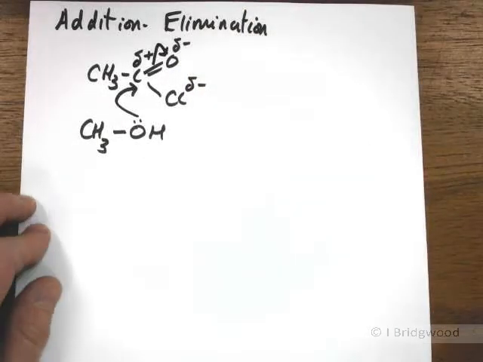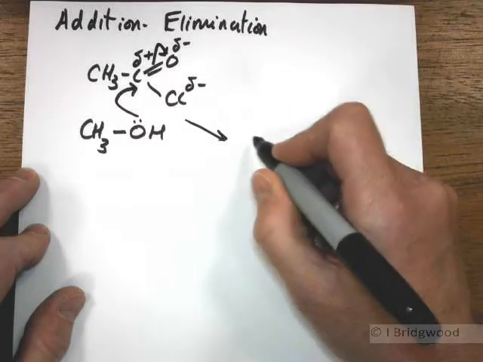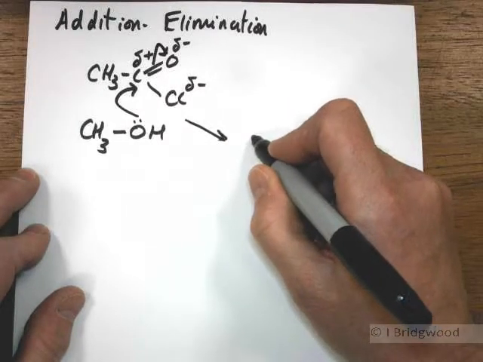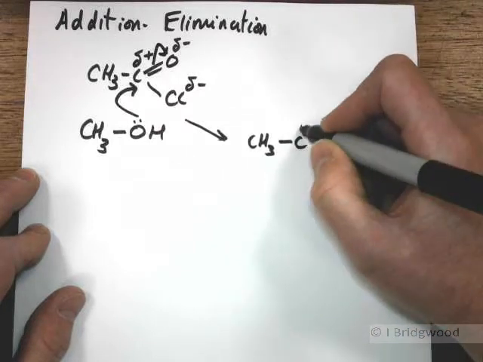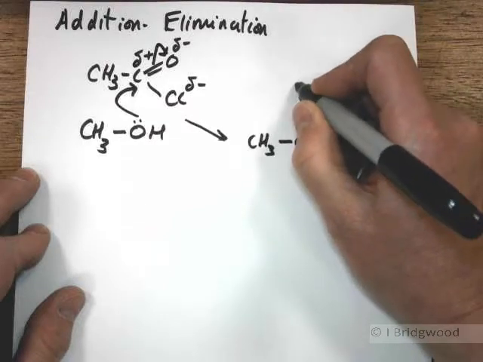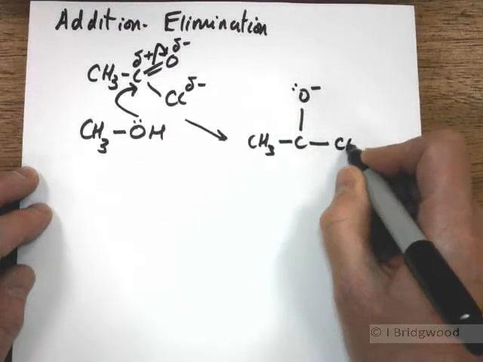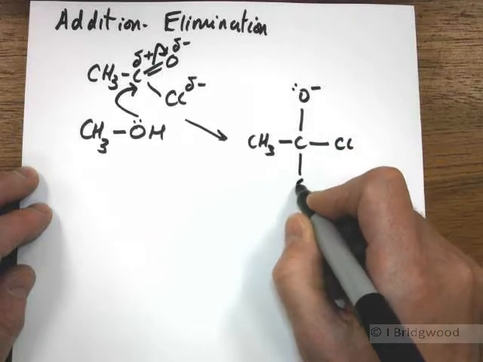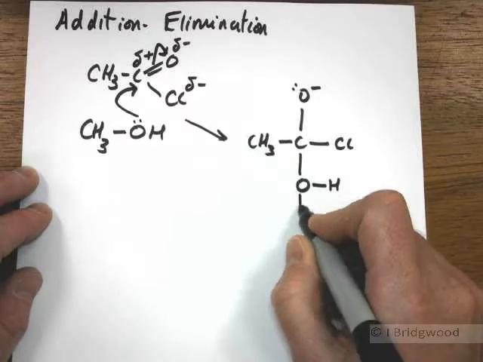So that's the first step, and our intermediate, of course, to show all the bonds broken and all the bonds that have formed. We've broken the carbon oxygen pi bond. We're left with the carbon oxygen sigma bond there. The carbon chlorine bond is still there, and we have a new oxygen carbon bond there, CH3.